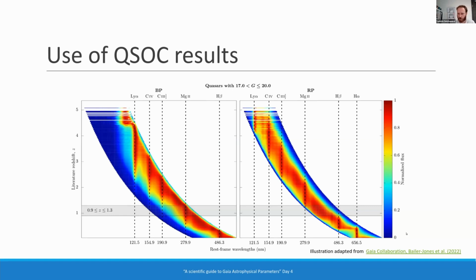This is derived from this paper, where it is instead plotted in observed wavelengths. And we see that in the range 0.9 to 1.3, only the magnesium 2 emission line is covered. So the carbon 3 emission line is not yet entering, and the H beta has already left.